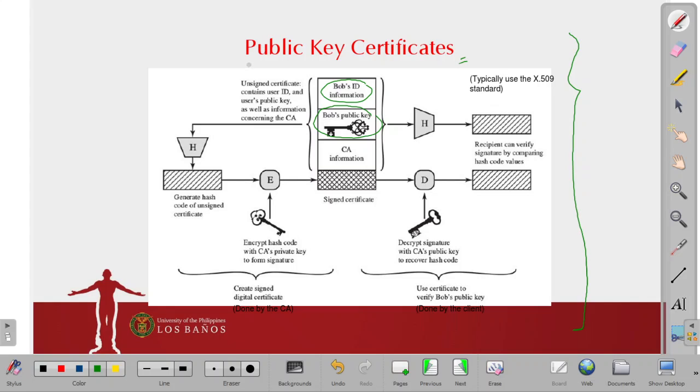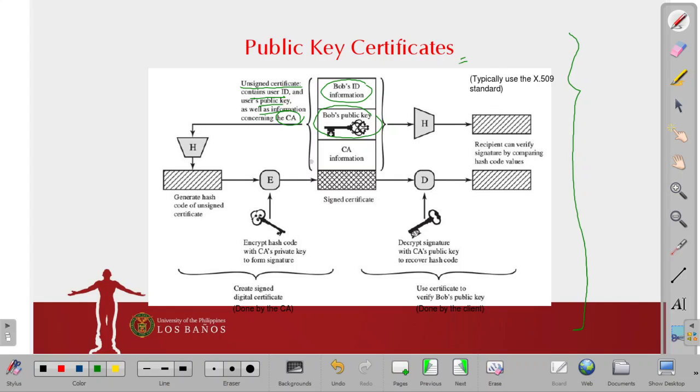So we have an unsigned certificate, which contains the user ID and the public key, as well as the information of the CA. CA is called a certificate authority. So what will happen is Bob will generate what you call a certificate signing request. Okay.